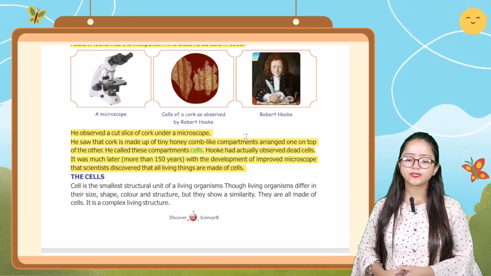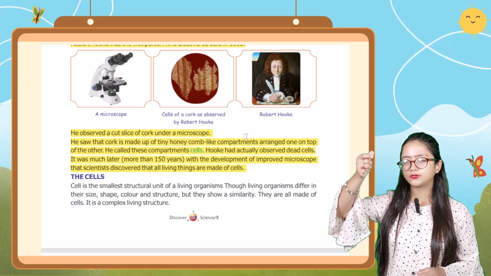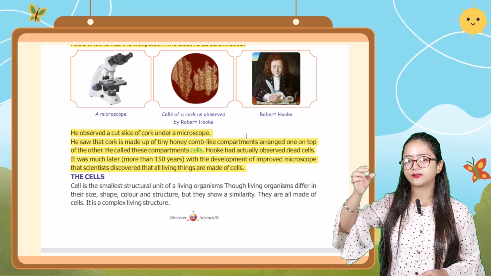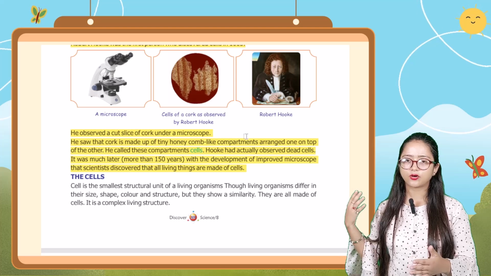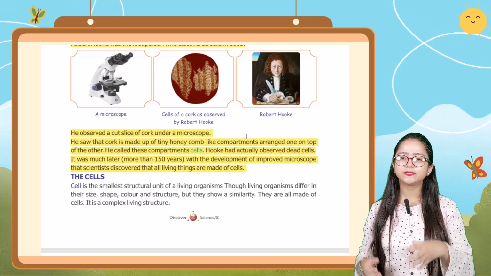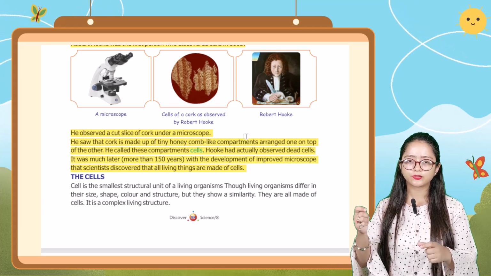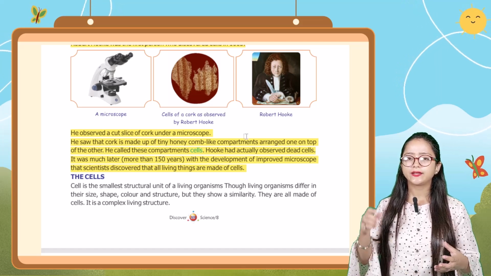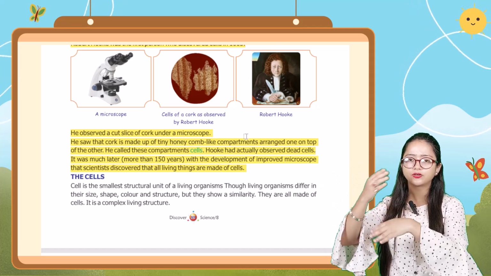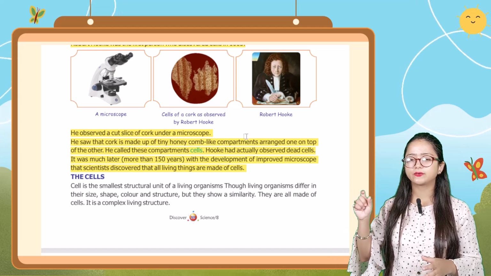Okay, so basically, what is this cork? First of all, cork is the trunk part of a tree, and it is a dead cell of a tree. Robert Hooke observed the cork under a microscope and saw some tiny honeycomb-like compartments arranged on top of one another. Those compartments are known as cells.